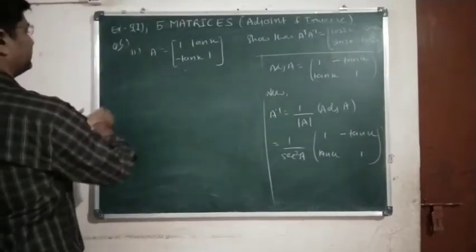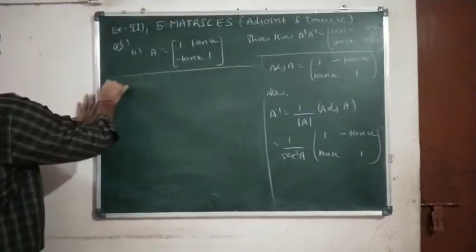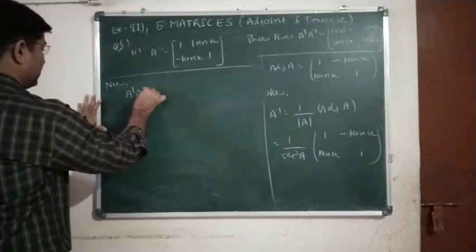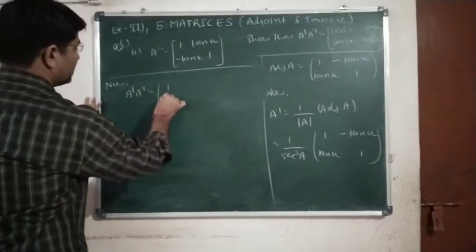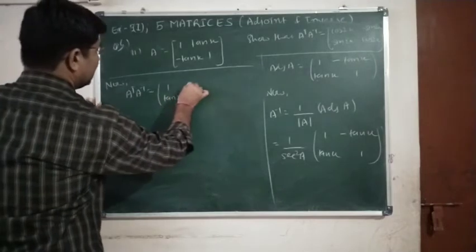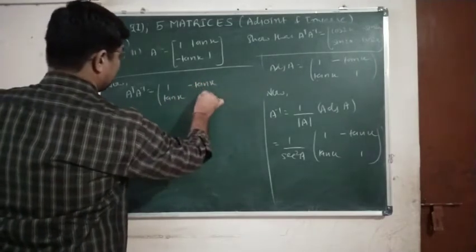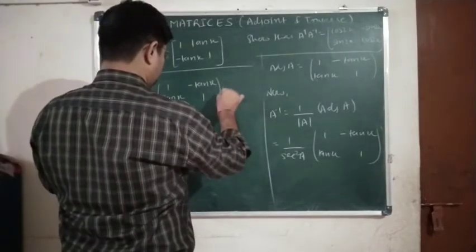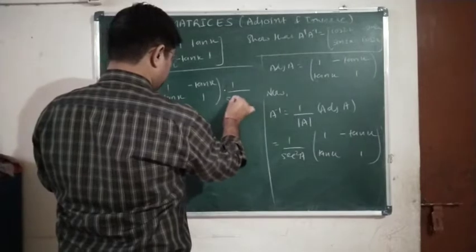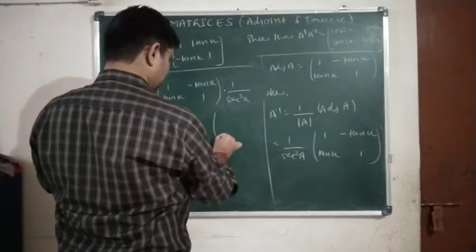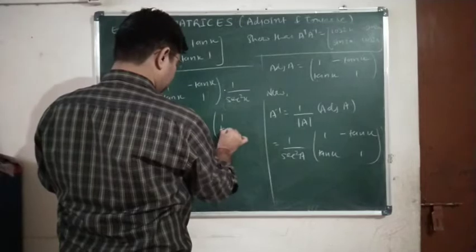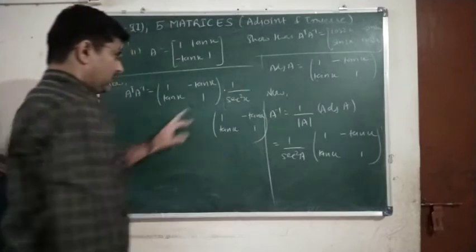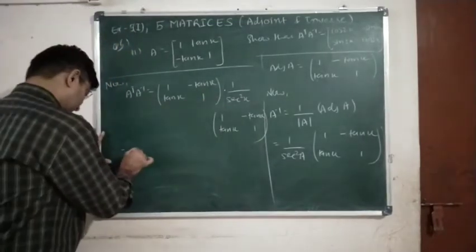Okay, now we will take A transpose into A inverse. What is A transpose? [[1, -tan x], [tan x, 1]] into A inverse, which is 1 upon sec square x into [[1, -tan x], [tan x, 1]]. Okay, 1 upon sec square x I can write outside.